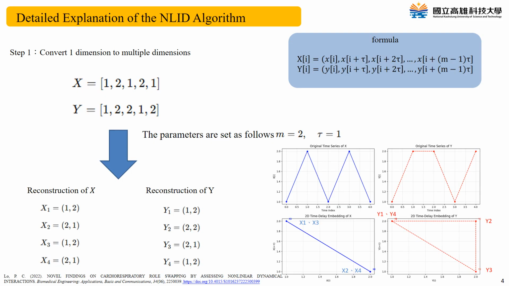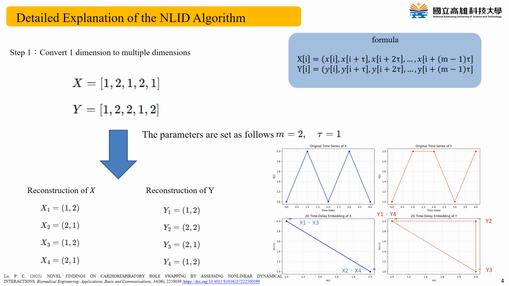This slide shows step 1 of the NLID algorithm, which is phase space reconstruction. We start from two one-dimensional signals, x equals 1, 2, 1, 2, 1 and y equals 1, 2, 2, 1, 2. Here, the parameters are set to m equals 2, tau equals 1, so each point is reconstructed into a two-dimensional vector. For x, the reconstructed vectors are x1 equals (1, 2), x2 equals (2, 1), x3 equals (1, 2), x4 equals (2, 1).